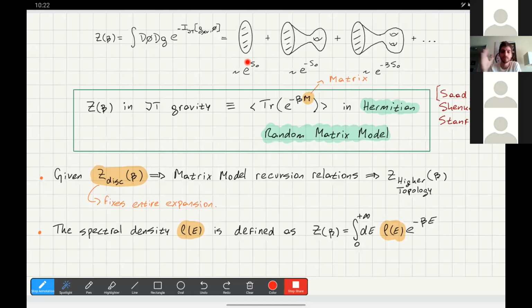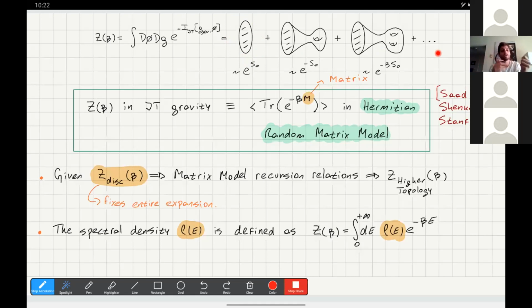This is to say, you do not have to go beyond one loop, because two loops, three loops, they all vanish. Okay. So once you have this partition function, the structure of the theory is so rigid that all the other higher order contributions are already fixed by a recursion relation. Okay, so if you have the first one, you can compute the second one with a recursion relation, and the third one, and so on and so on.